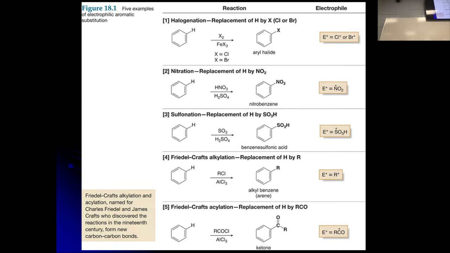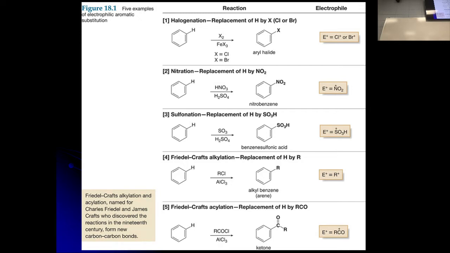What's in that equation that is not in my little flask here? Iron. You need a catalyst for this to work. You've got to generate a Br plus or a Cl plus. Does that seem possible? What's weird about bromine plus and Cl plus? Doesn't satisfy the octet rule.